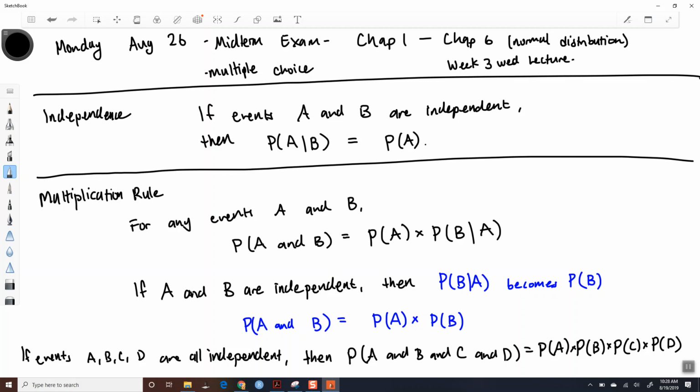Okay, so let's just do an example here. Let's see if this makes sense. Let's say I've got, I don't know, a little jar, and inside the jar I've got some marbles here.